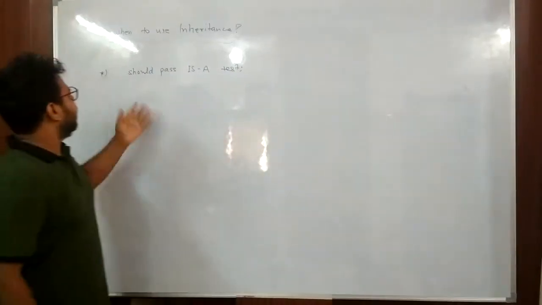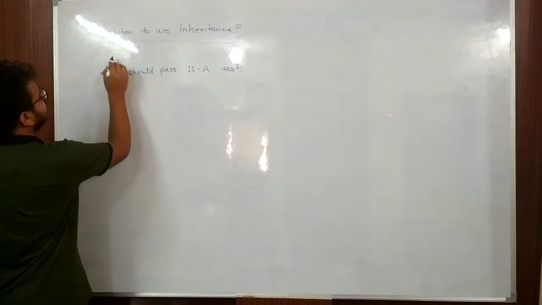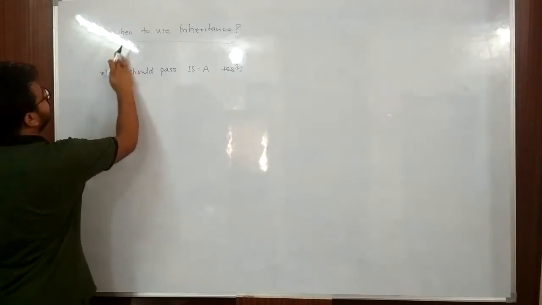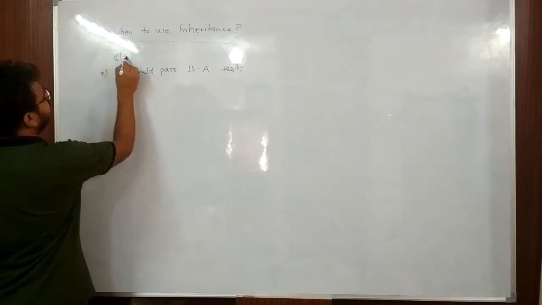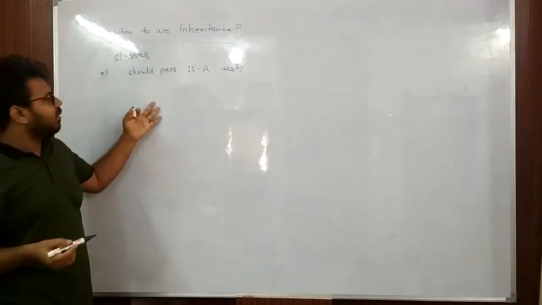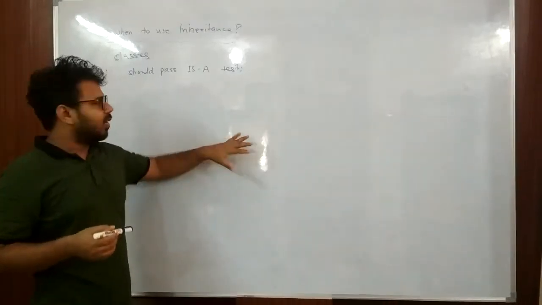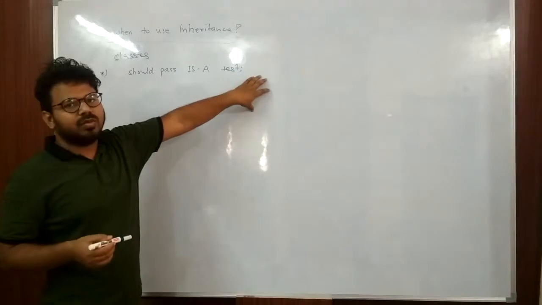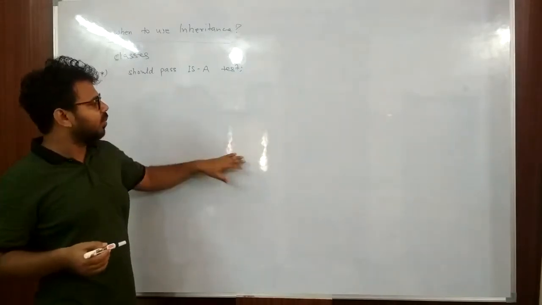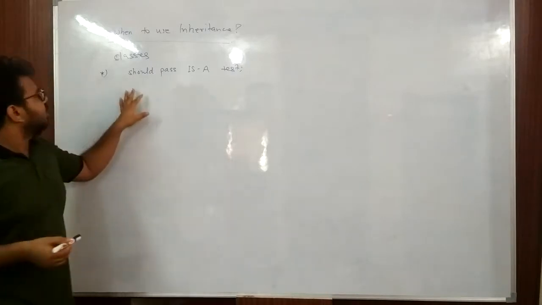So the classes, that is the superclass and the subclass. In our stag example, the subclass was stag and animal was the superclass.